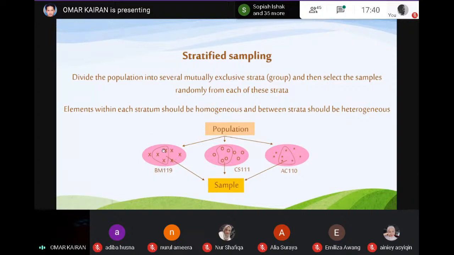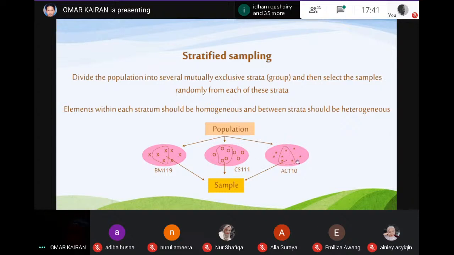To select the sample from each of the groups, we conduct it based on probability sampling. Tadi kita menggunakan sama ada systematic or simple random sampling. To select the individuals or the sample in each of the groups, we implement either simple random sampling or systematic sampling.